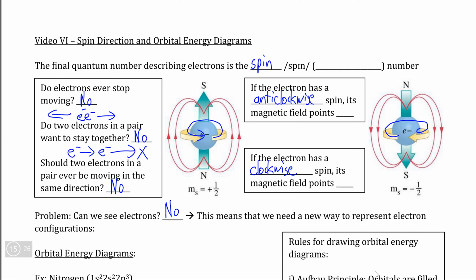We can't even predict where they're going to be, but we do know, depending on the spin direction, which way their magnetic fields face. So in the case of an anti-clockwise spin, we see that the magnetic field is pointing upwards, which we represent with an up arrow, while a clockwise spin is the opposite direction for its magnetic field, which is why they point down.